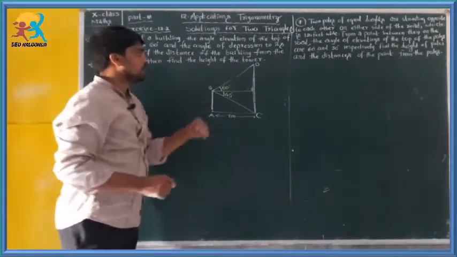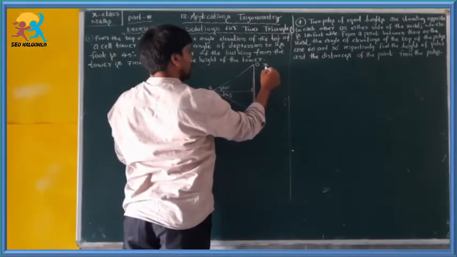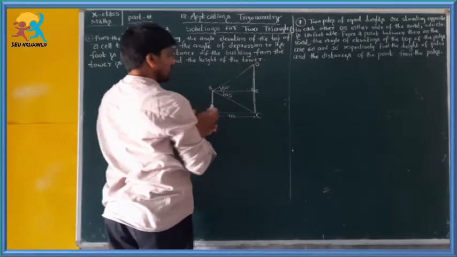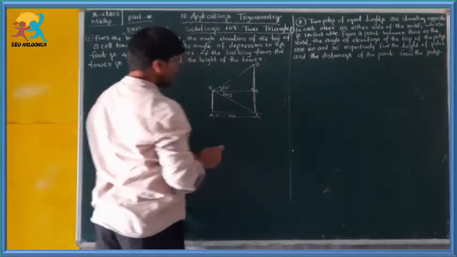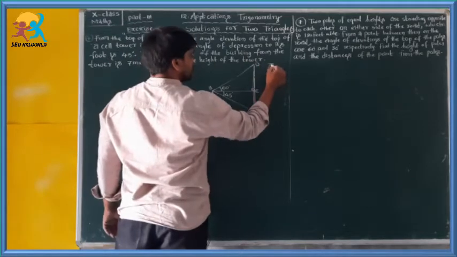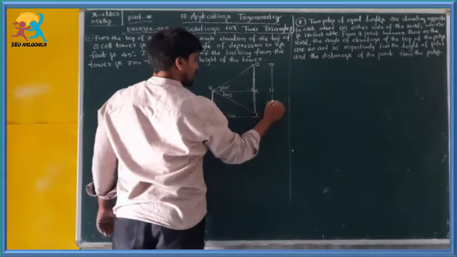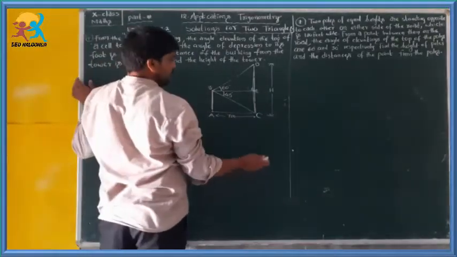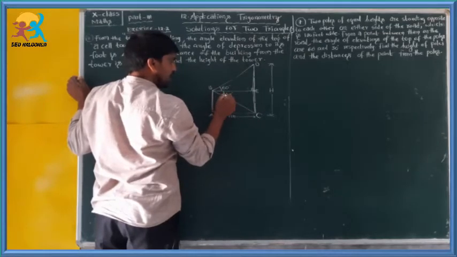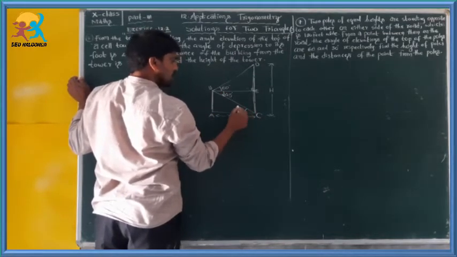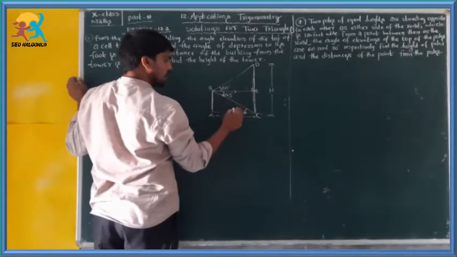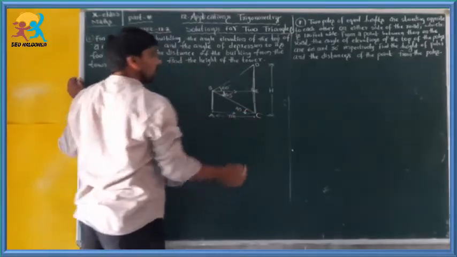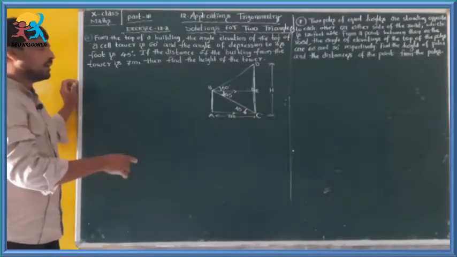So what we have to find? Find the height of the tower. Let us denote the height of the tower B. This is point E. So total height is h meters. Let us denote the total height of the tower as capital H. But this 45-degree angle is always equal to this angle, as these two lines are parallel and BC is a transversal, then these two angles are alternate interior angles and hence they are equal.